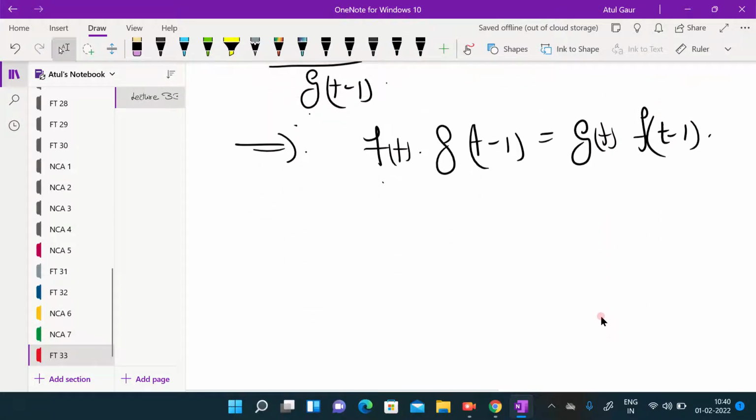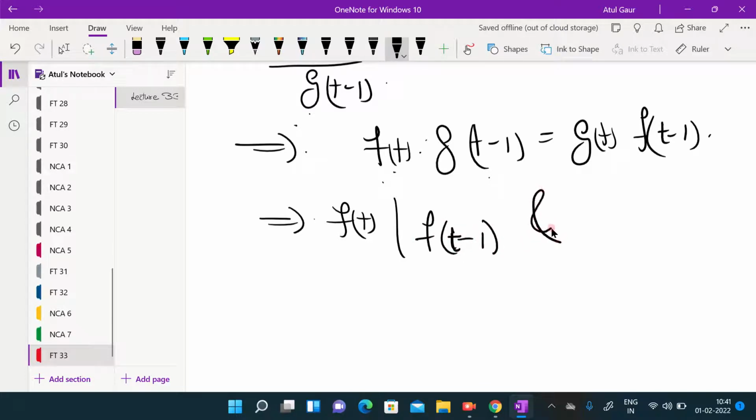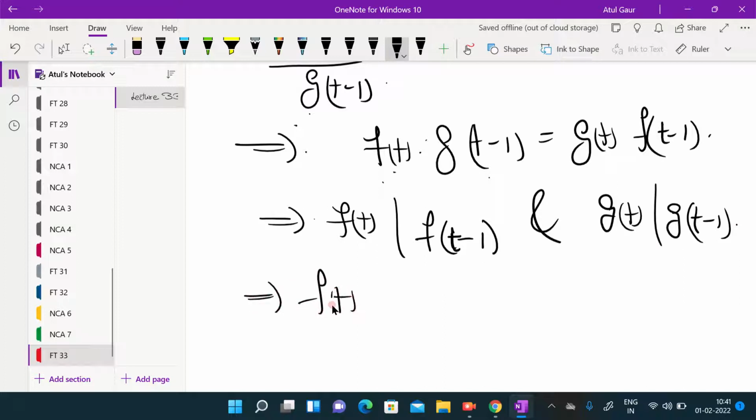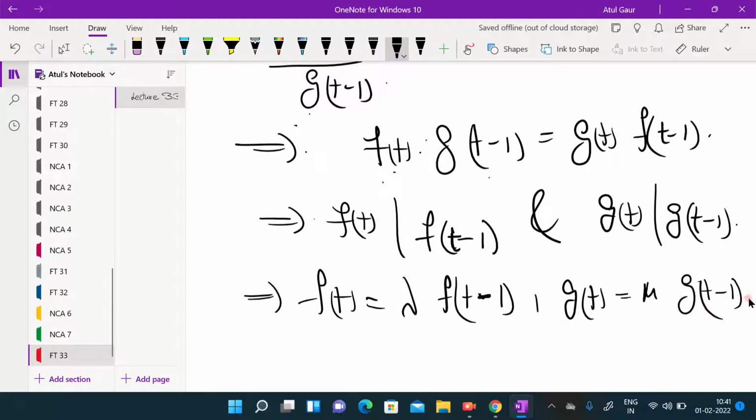And then by applying the same argument that we applied previously, the point is, you have this, so that simply means f(t) divides f(t minus 1), same thing, because the degree of both is the same. g(t) divides g(t minus 1), and that means f(t) is some lambda times f(t minus 1), g(t) is some mu times g(t minus 1). So the same thing we are applying.